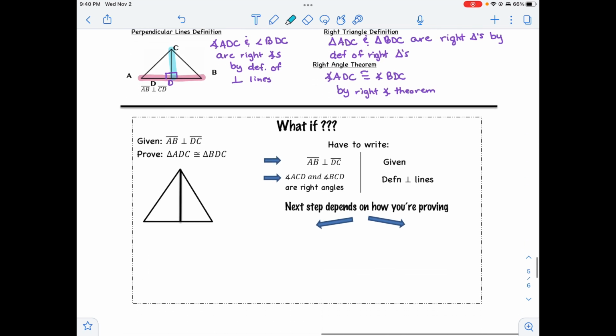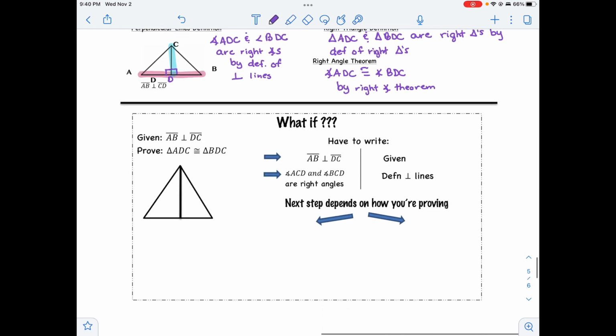So this one here, you'll need to mark. We have A, C, B, and D. And we are told some things that are given. So AB is perpendicular to DC, and so it's showing that you write that, and that would be given. So that would be our number one.